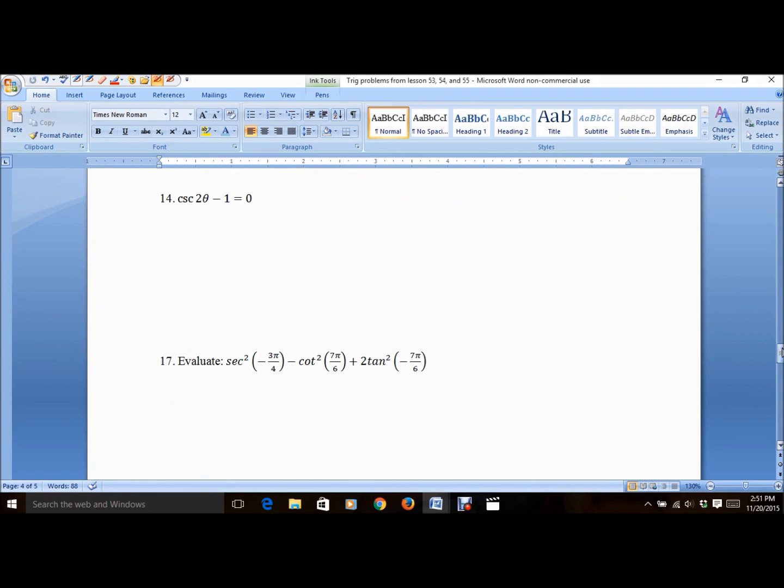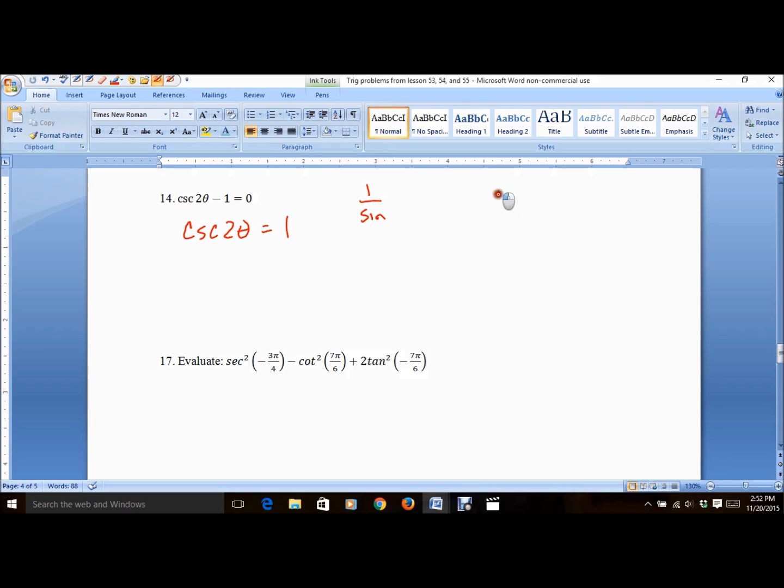Okay, cosecant 2 theta minus 1 equals 0. First thing we want to do is add 1 on both sides to isolate the trig function. So cosecant 2 theta is 1. Cosecant is 1 over sine. So we're looking at when sine is 1 over 1, so it's going to be 1.